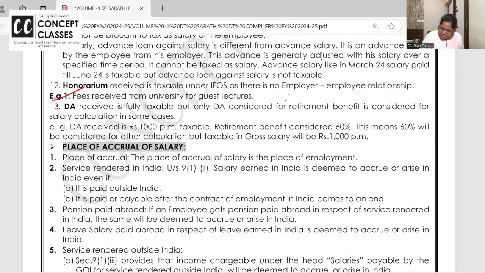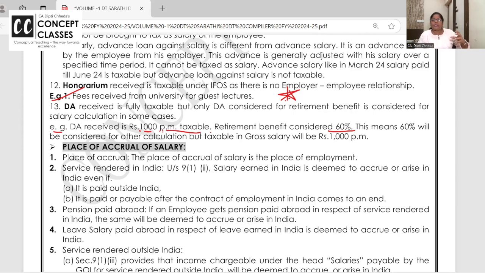Now, related to DA, there's a very nice example, and I have added this example also. Whatever DA you receive to meet the extra cost of living is all taxable. DA received is fully taxable. But whenever they say that, say, DA received is 1,000 per month, it is taxable. But out of that, if they say 60% is considered for retirement benefit, then only 60% will be taken.